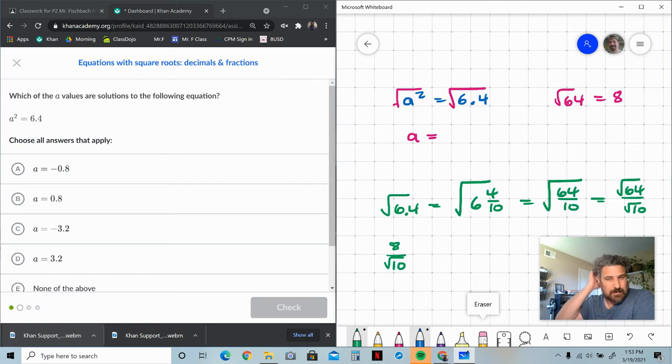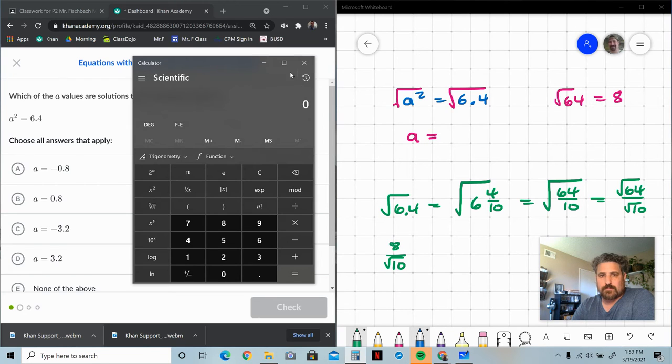Now, 8 over the square root of 10, what's that really worth? Well, that's when we probably want to just get the calculator out and do 8 divided by the square root of 10. So let's see if I can make it easy. I know the easy way to do this.